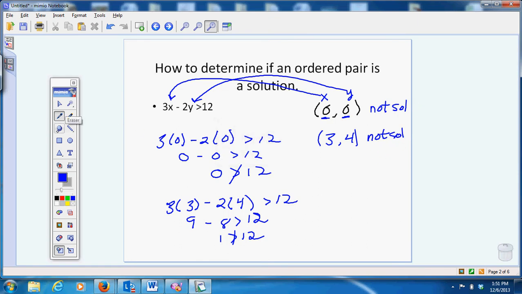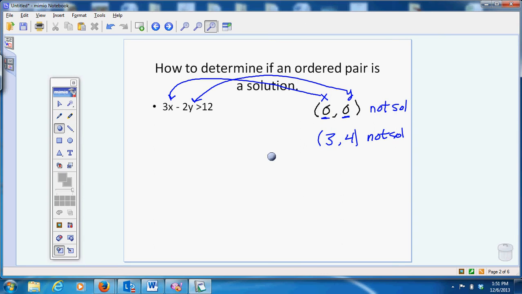Let's try one more. Let's try the point 1, negative 7.